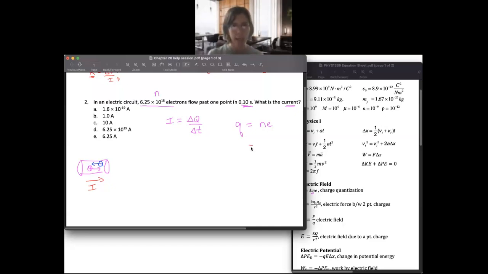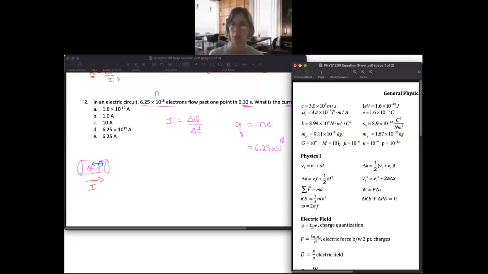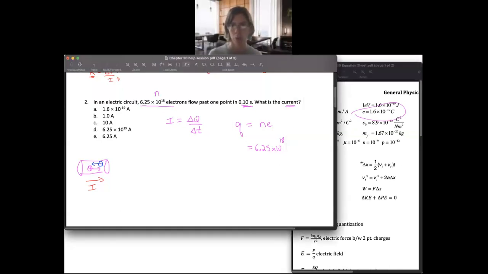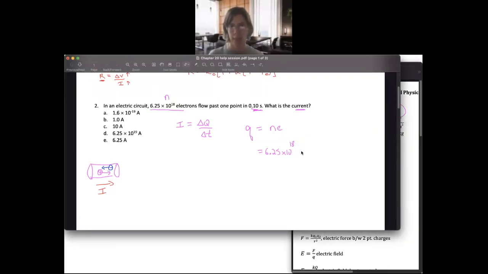So that being said, we can multiply our N, 6.25 times 10 to the 18, times E, which we remember is right here, the charge of one electron or of one proton, 1.6 times 10 to the negative 19.